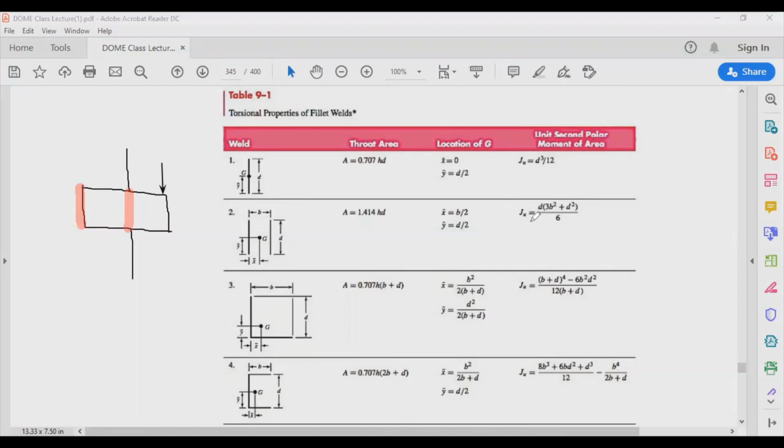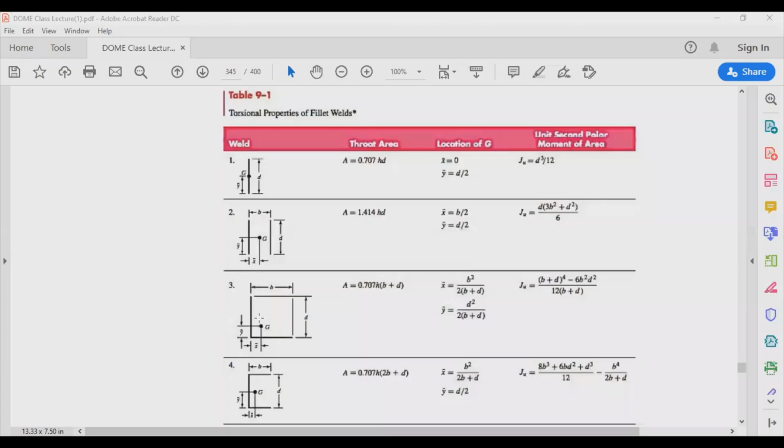So multiply this guy by 0.707 times H, and you've got your J. When you have your J, you can get your secondary shearing at this point, this point, this point, or this point. Then I'm going to draw my secondary shearing. It's going to look like that, like that, like that, and maybe like that over here, because your centroid is essentially located on the inside.